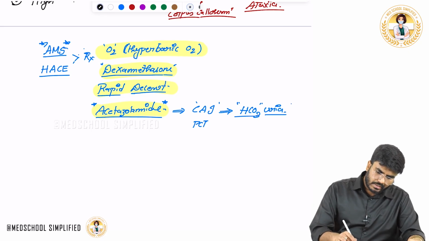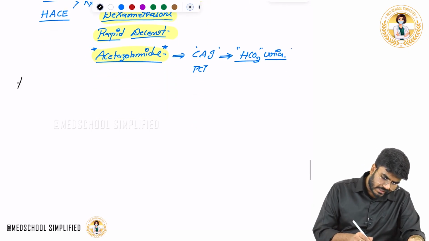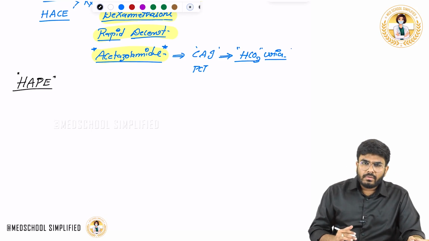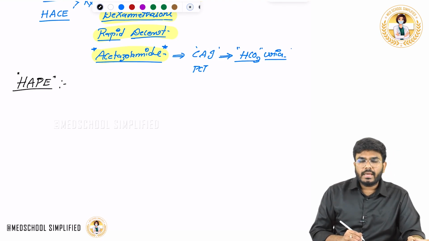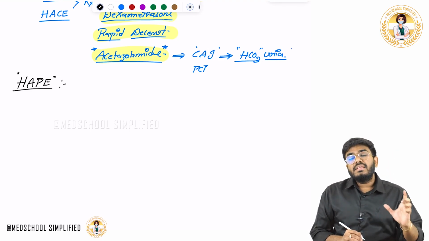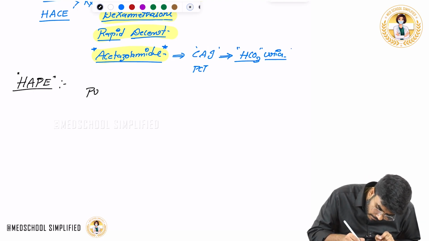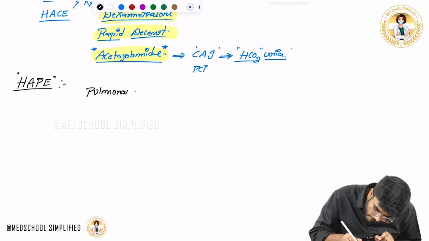Next, high altitude pulmonary edema. What exactly is this? Look, in the high altitudes, what is happening? There is systemic vasodilation, but pulmonary vasoconstriction.